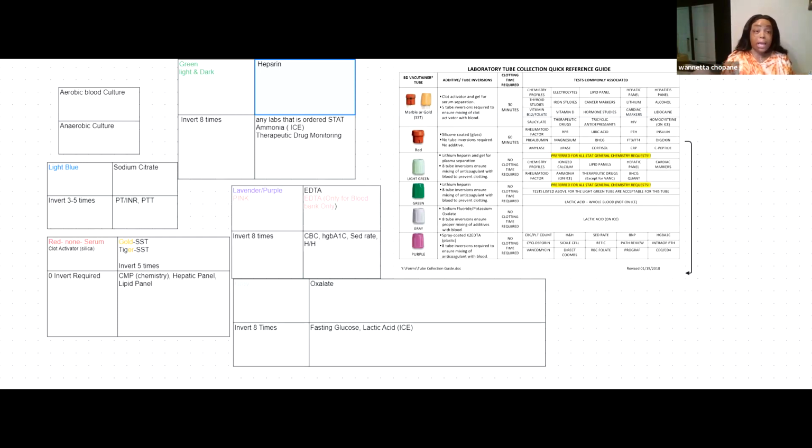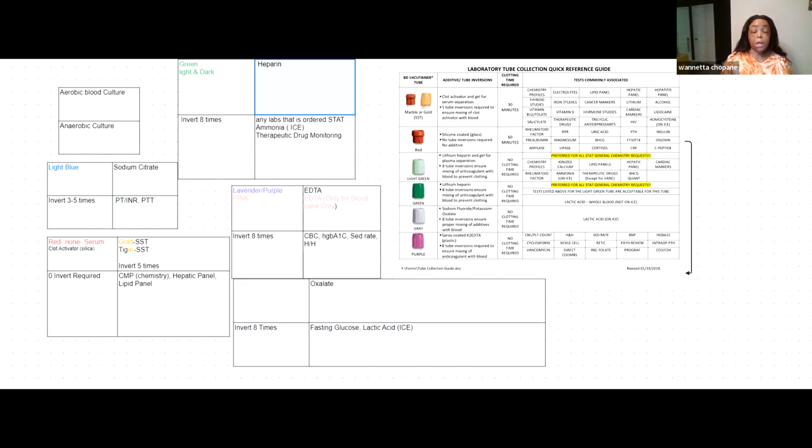Okay, if you only have a light blue top tube, cool, you just invert that 3 to 4 times and be done with it. So it's okay to invert them all together. Just make sure that you do enough inverting. Just don't under invert. For example, say you have that blue top, that tiger top, and a green top, and you only invert all of them 5 times.